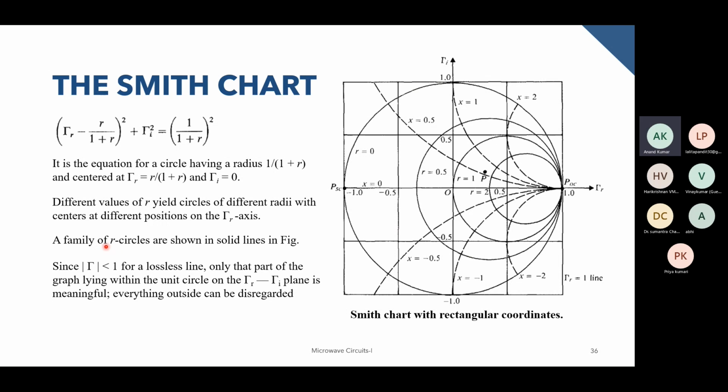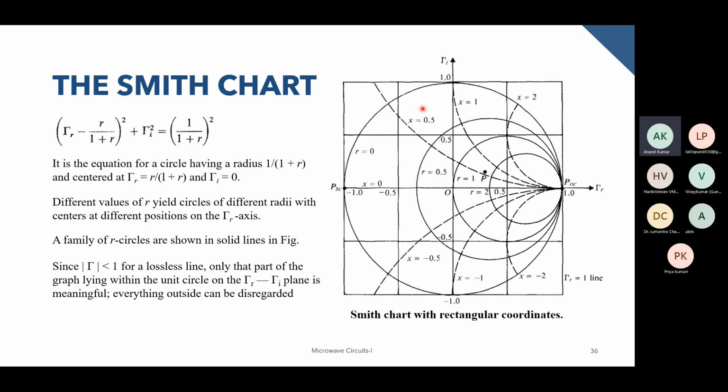If you vary the value of r, you will get a family of circles, and all of them will pass through this particular point. We'll look at the important points in the next slide. Another important thing we're considering right now is that we're only considering values for gamma less than 1.